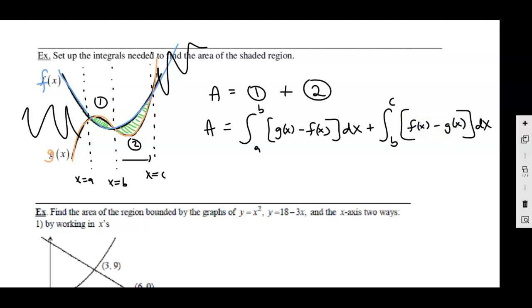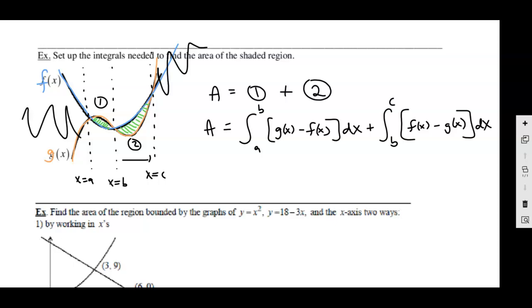So if the functions cross over each other, and sometimes one is on top and other times a different one is on top, just break it up and do different sections for different regions, and then just add all those respective pieces together. That's probably the easiest way to do it, and especially if you do not have a calculator, that's the way that you would want to do it. Split it up, find the area of each piece, and then just add them together.